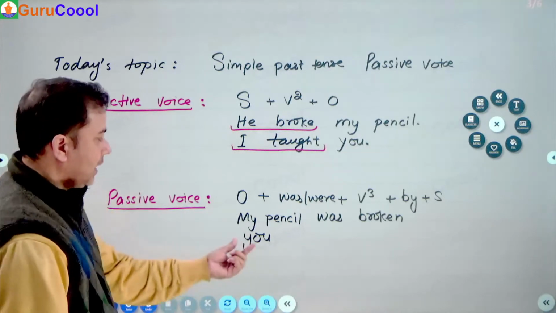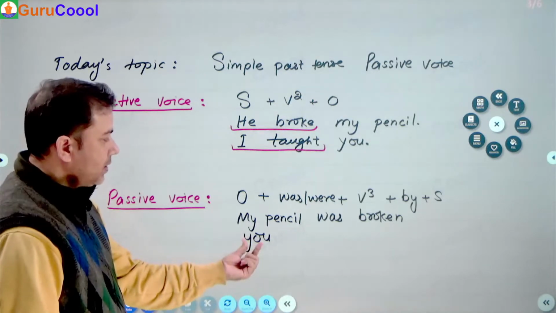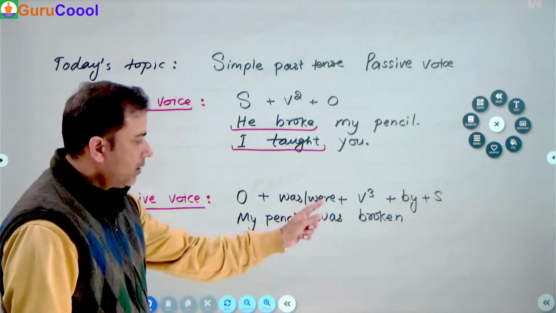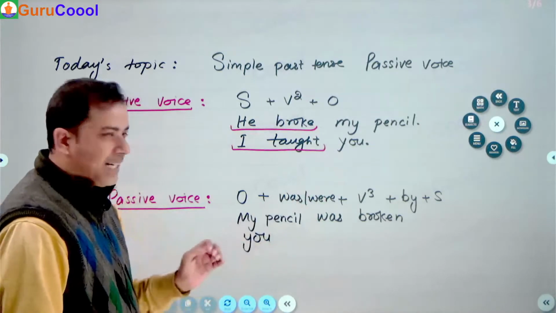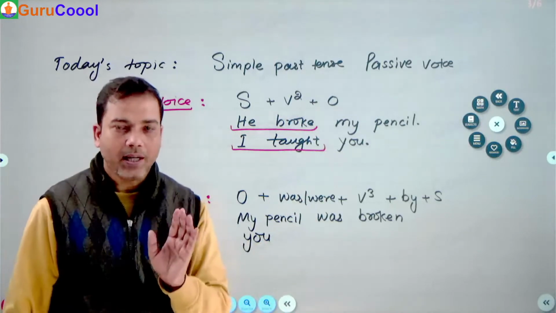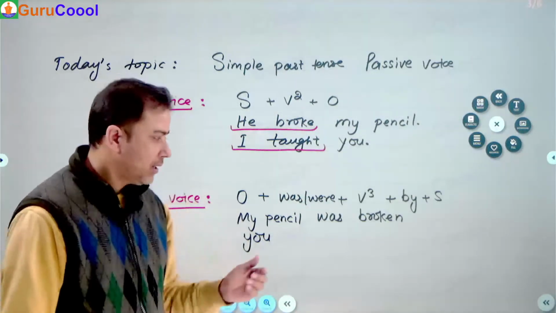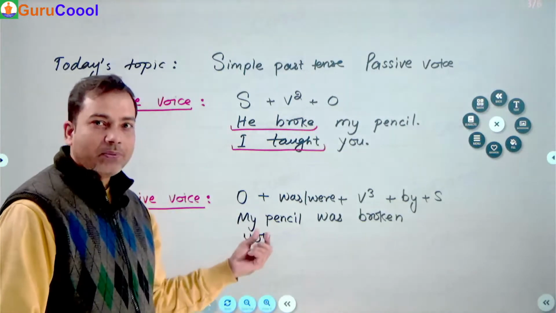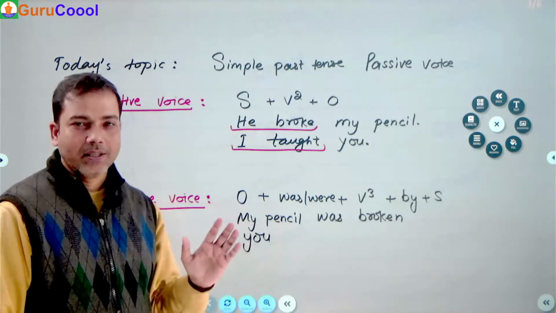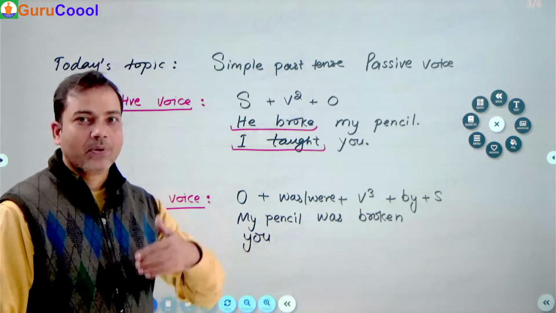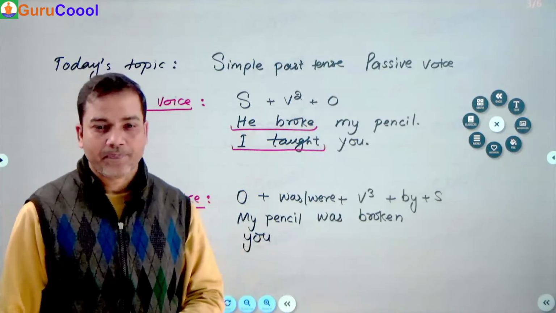That's correct. You write the object first, then you have to choose the suitable helping verb. You should be followed by were. That is an exceptional case. Generally, a singular subject is followed by a singular verb, and a plural subject is followed by a plural verb.